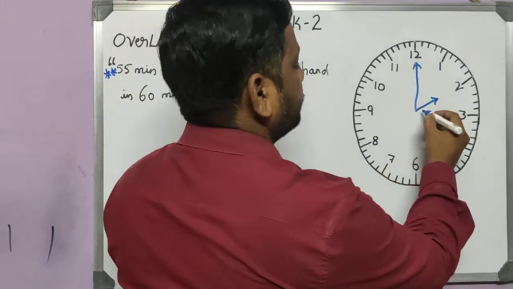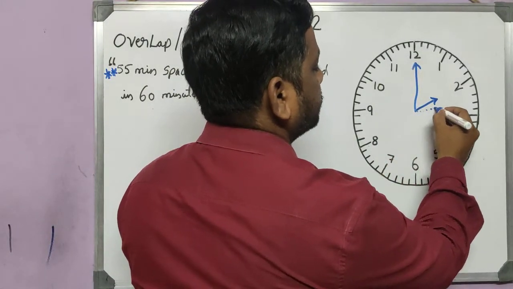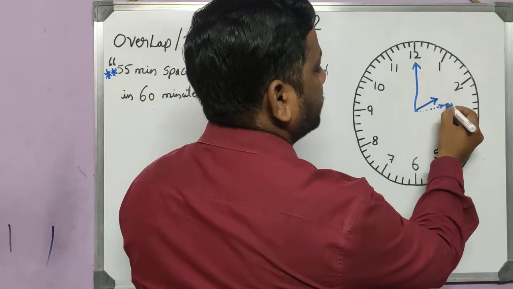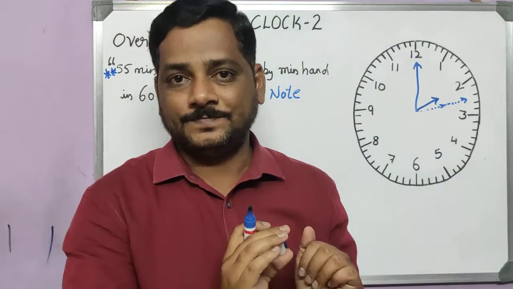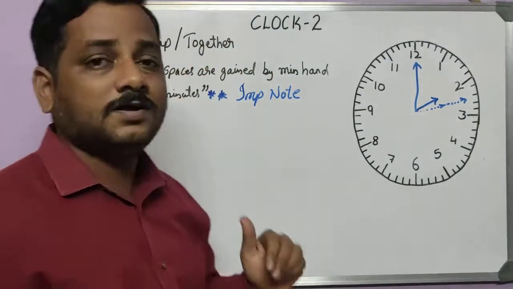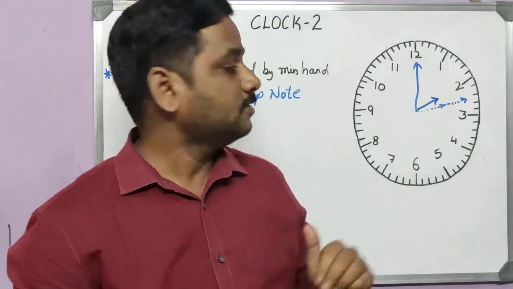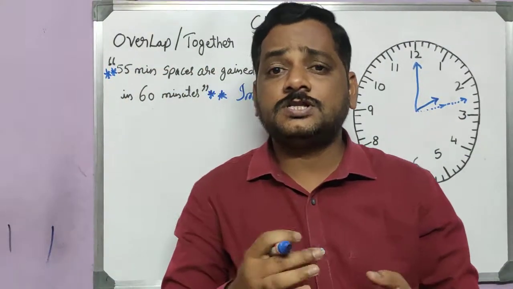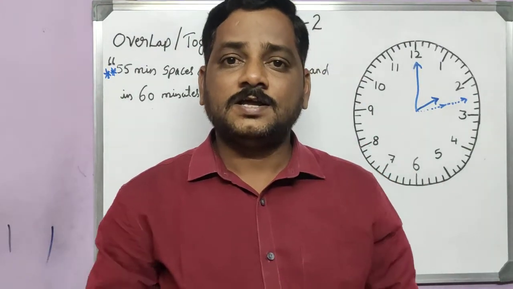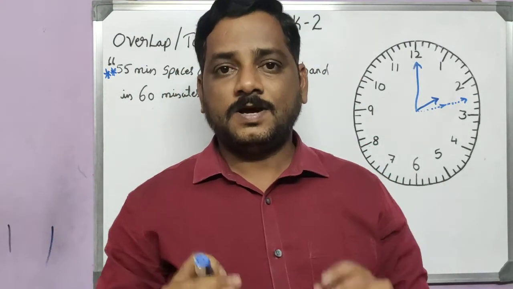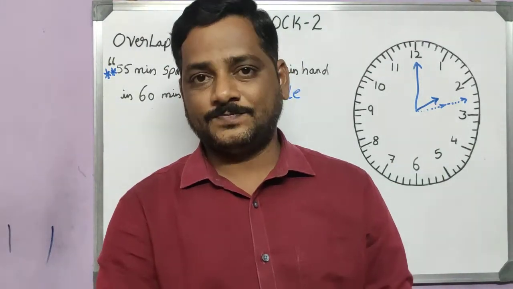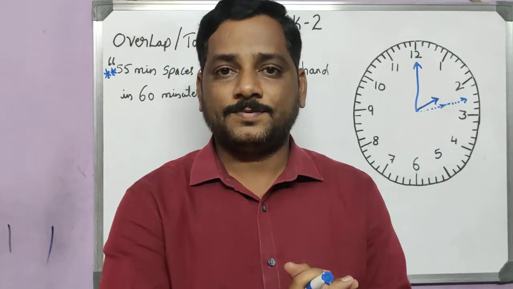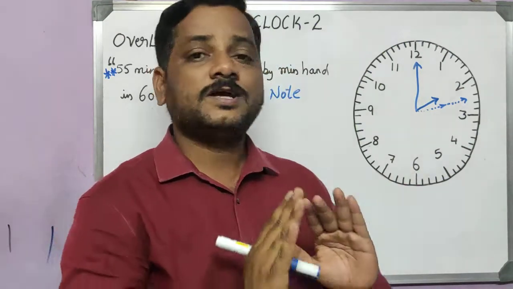Say the hands may be here. Hour hand and minute hand will overlap on each other. That is called overlapping of hands. The questions will be framed in such a way that you identify the time at which both the hour hand and minute hand will come together or overlap. That will be the question now.